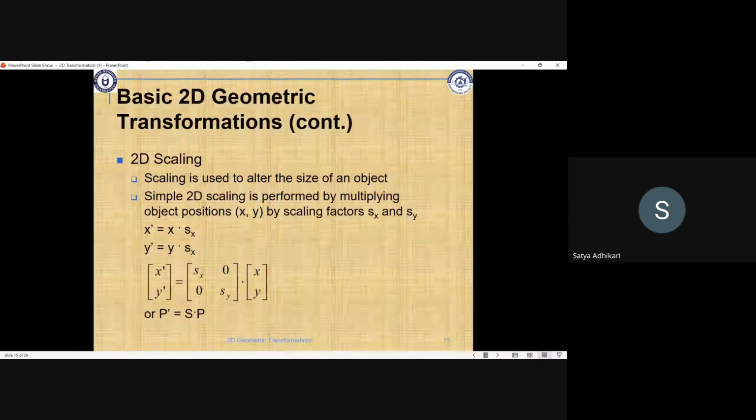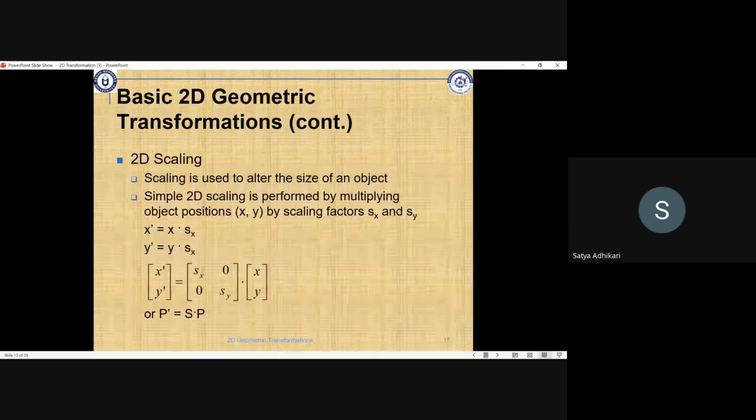Simple 2D scaling is performed by multiplying the object position (x, y) by the scaling factors sx and sy. Please recall the translation. In translation, the translation factors tx and ty are added to x and y, but here the scaling factor is multiplied. You see, x dash is equal to x into sx.